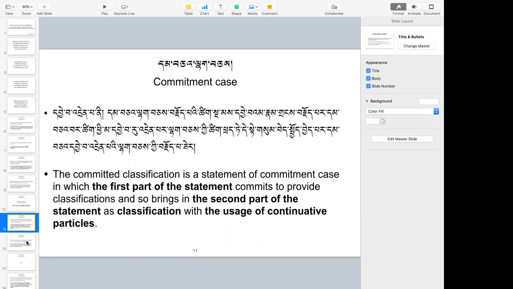Okay, so like I already said earlier, the variation will only differ because of these two. That is the nature of the first part, which will determine the nature of the second part. If the first part is a claim, it will require reasoning. If the first part is in a way requiring the statement of classification, the second part will be committed classification.